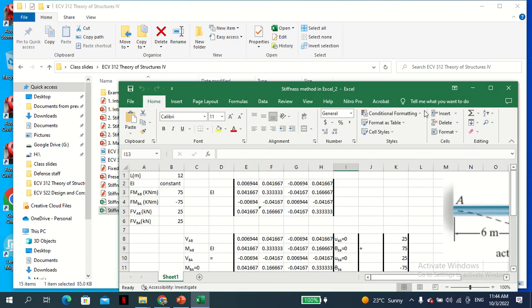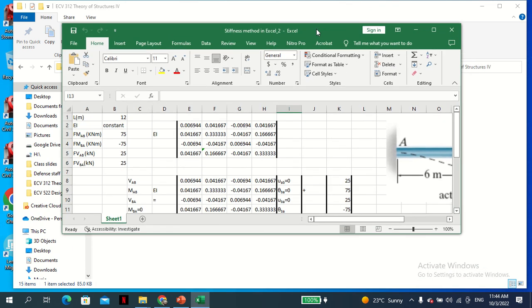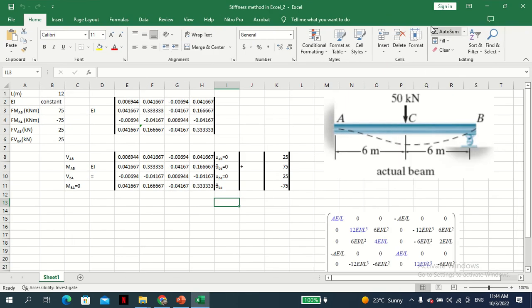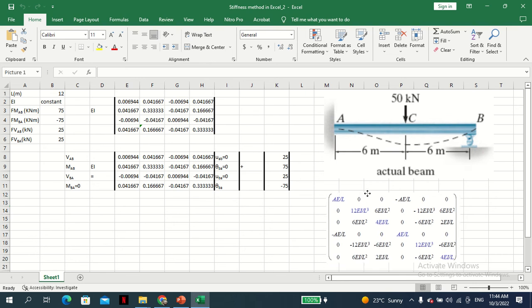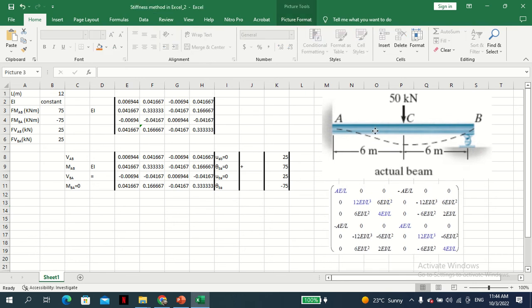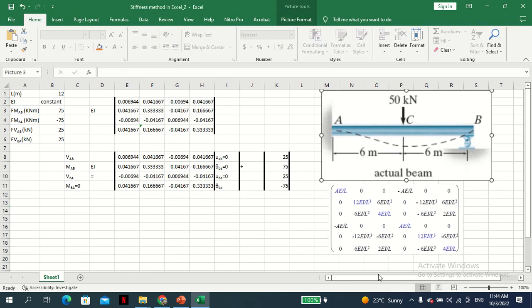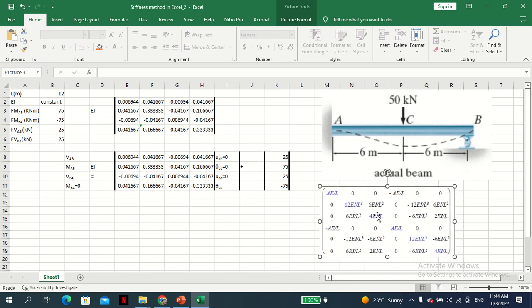So just to demonstrate how you can solve. So for example, this previous example that we had talked about, and now there is nothing here that you don't know. So this is the.